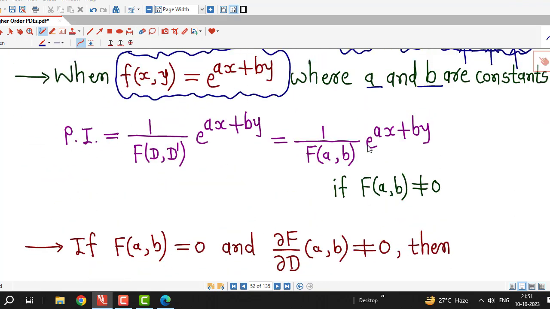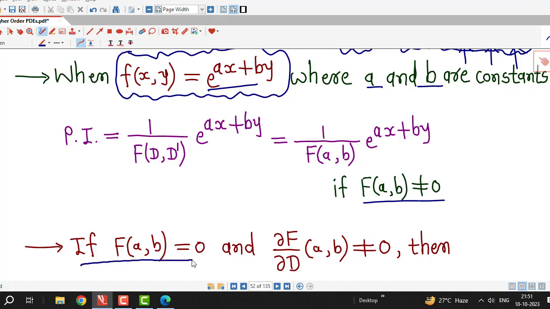So here I have written first that when f(x,y) is e raised to ax plus by, the particular integral is 1 over F(D,D') e raised to ax plus by, equal to 1 over F(a,b) e raised to ax plus by if F(a,b) is non-zero.